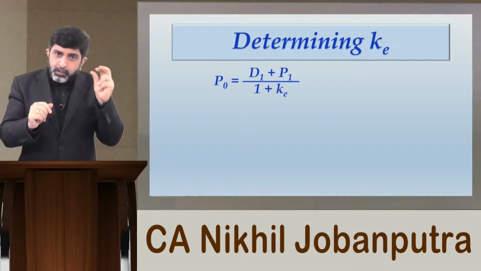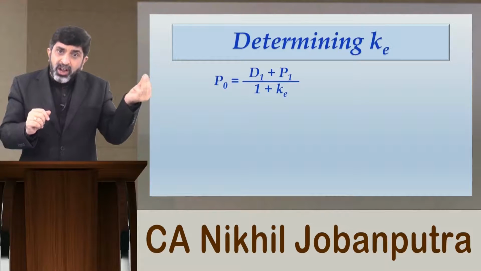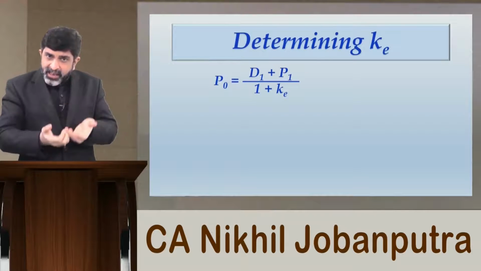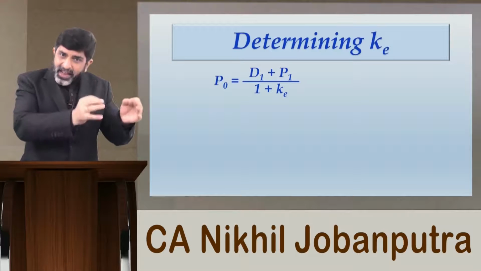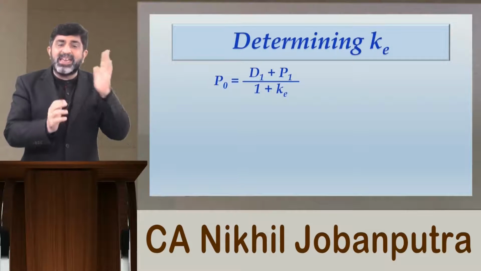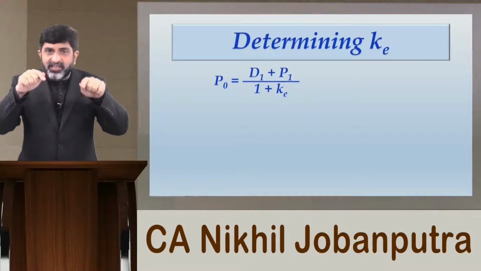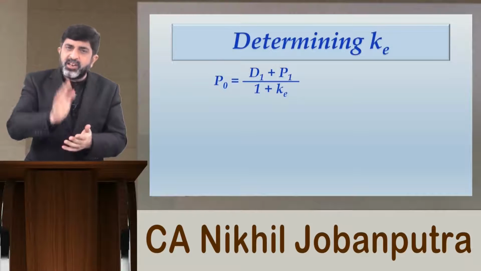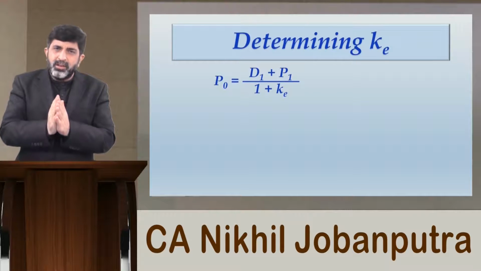So D1 and P1 are basically future amounts. D1 is the expected dividend receivable by year end, and P1 is the expected price of the share prevailing by year end, not now. Right now the price is P0. The symbol used in the denominator is KE, which is your expected rate of return.